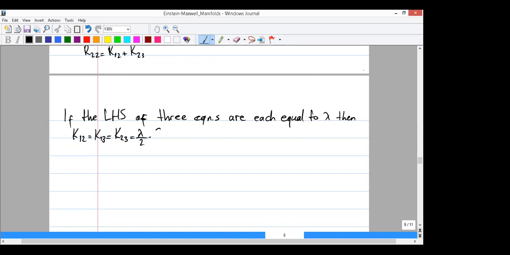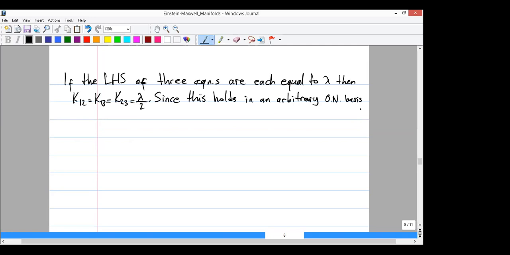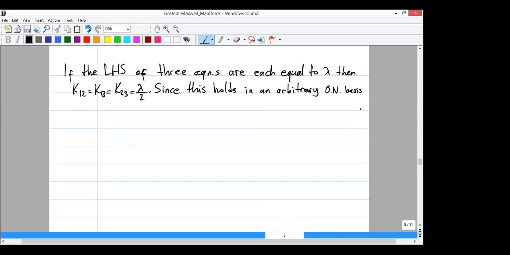Since this holds in an arbitrary orthonormal basis, the sectional curvature is constant.